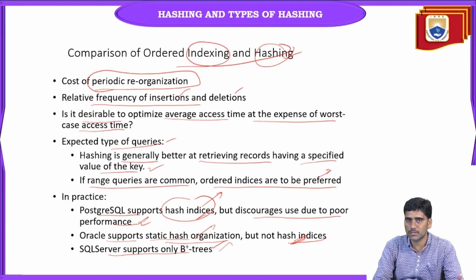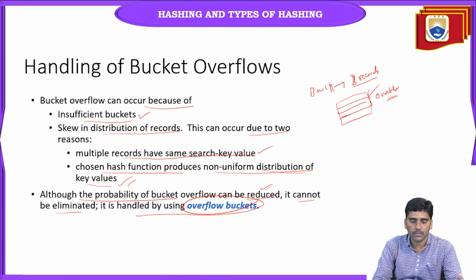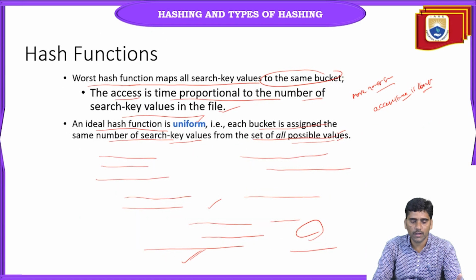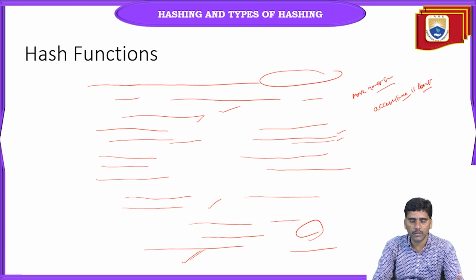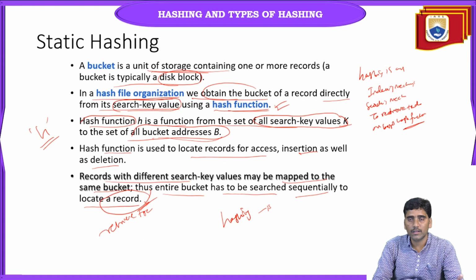Once again, we revise the topics discussed in this session. The first one is hashing: what is meant by the hashing mechanism, and the types, static hashing and dynamic hashing. Hashing is an indexing mechanism that uses search keys to retrieve the records based on a hash function.